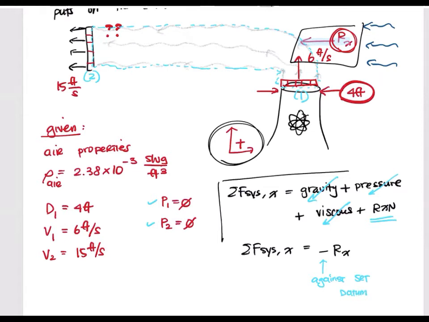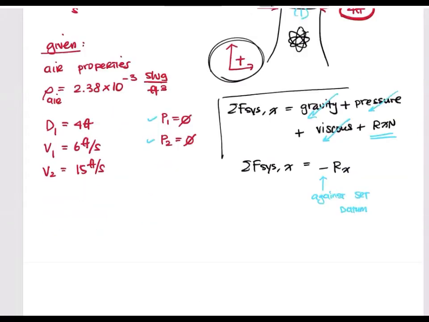If you're not sure of the direction, that's okay. You can guess a direction, and if your numerical answer is negative, you've just guessed the wrong direction. It's very similar to statics. You just guessed the wrong way. Okay, so that was our sum of forces onto the system, essentially evaluating our free body diagram.